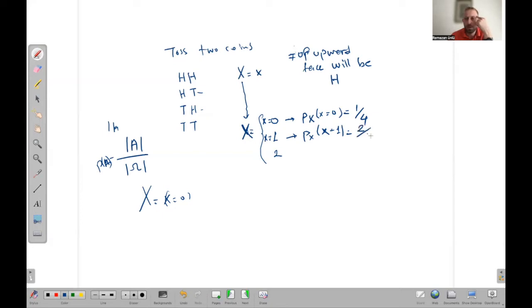And for x equal to 2, again I have only one outcome, and this will be 1/4. So this is the probability mass function, and that maps all possible outcomes to some discrete numbers. So this is the PMF.